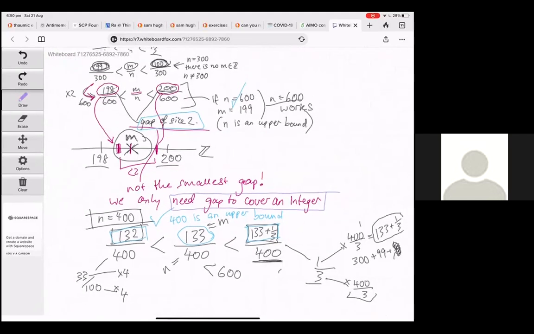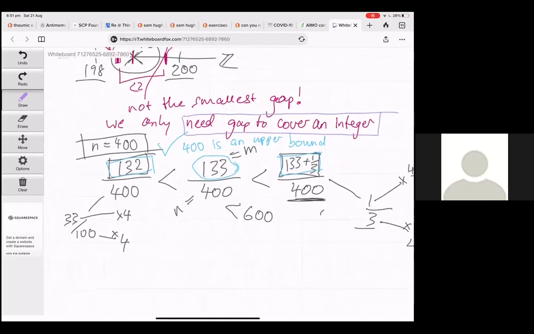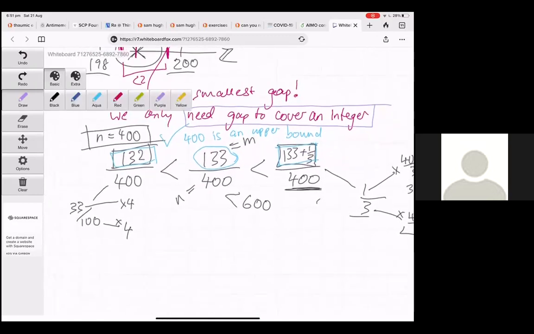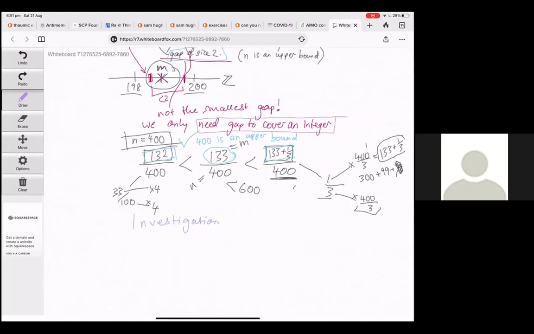And the way that this gap grows and the way that it moves along the number line is going to help us answer the question of what the smallest value of n is. Okay, so we're just going to do some investigation now. And I've already done 400, I've done 600.